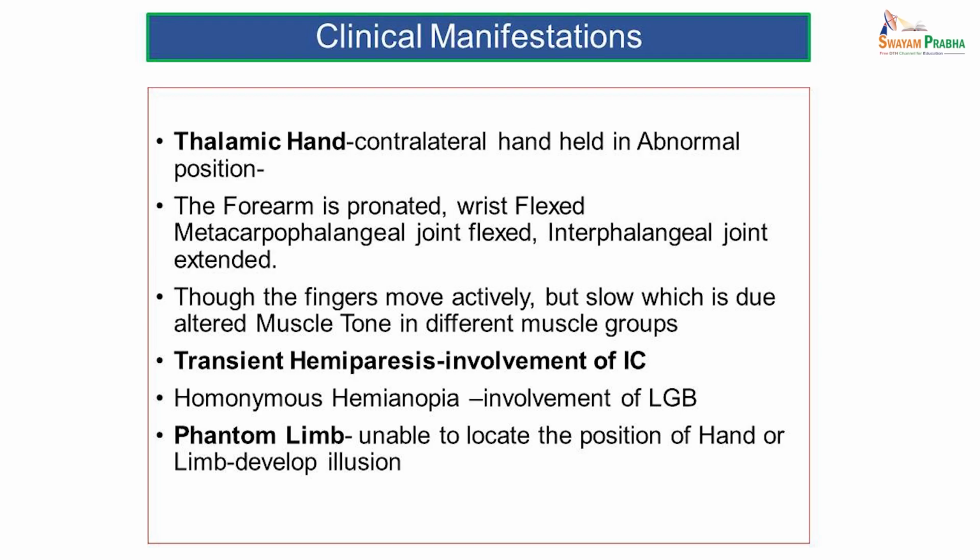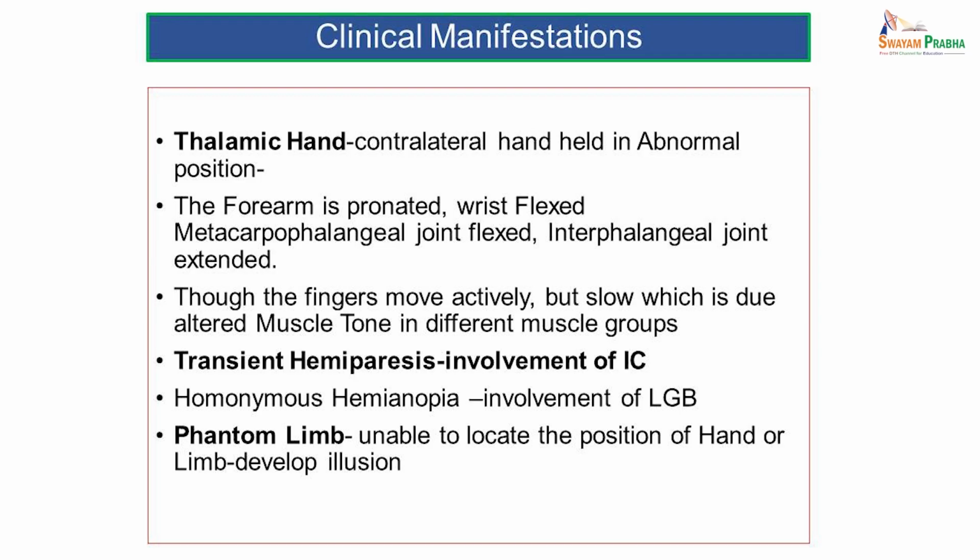Each group of muscle has different muscle tone, so the activity is slowed down, but movement is possible, and the hand is held in this position. If the internal capsule becomes involved, it is called transient hemiparesis.